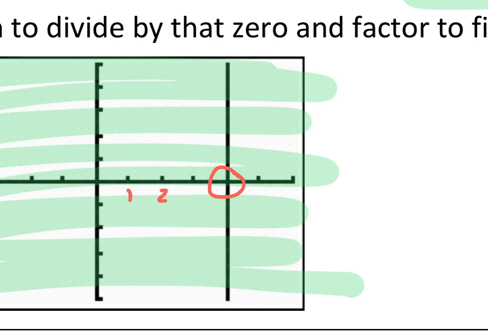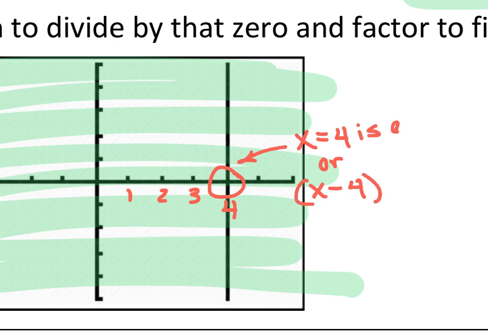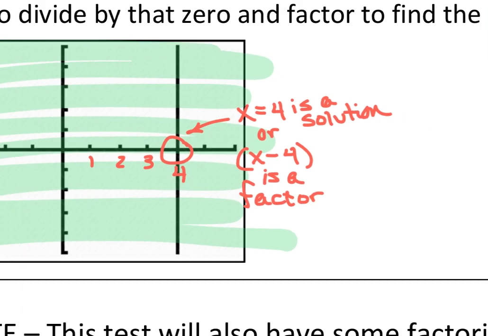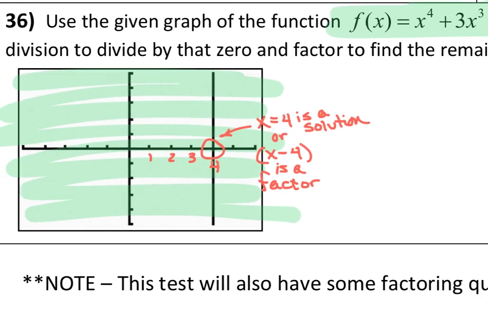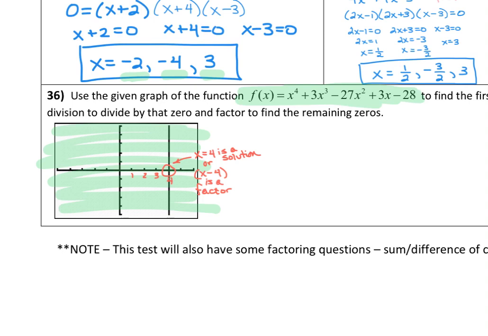And so if this is 1, 2, 3, this is 4, that means that x equals 4, or let's say the factor x minus 4 is a solution, or x minus 4 is a factor. So the problem says use division to divide by the 0 that I just found, and then factor to find the other ones. So let's start with division.